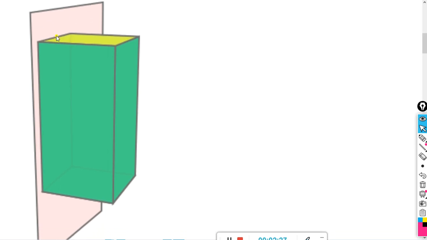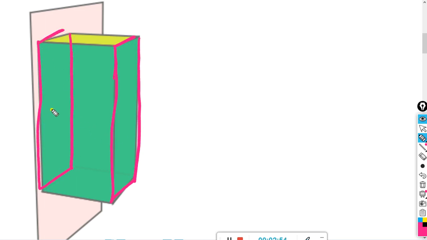So whatever shape this is right here on the right-hand side, that is the same shape over here on the left-hand side. So this is consistent from left to right.